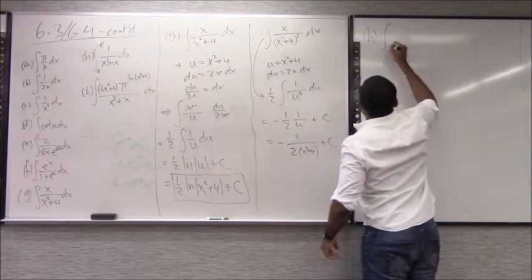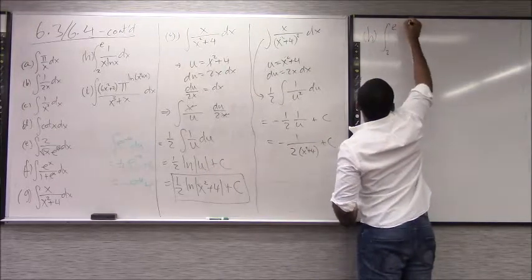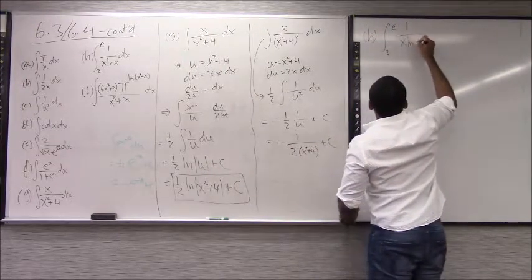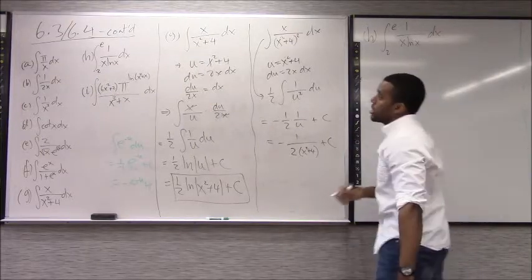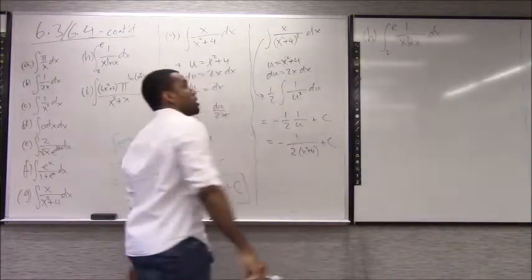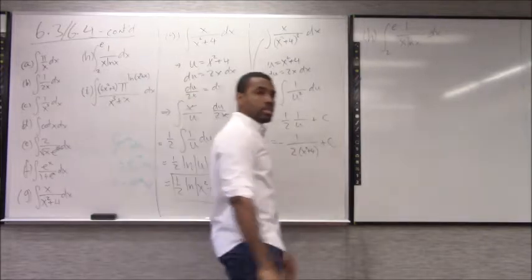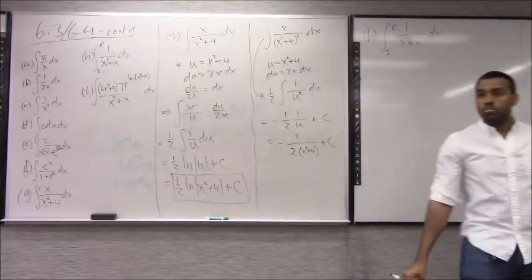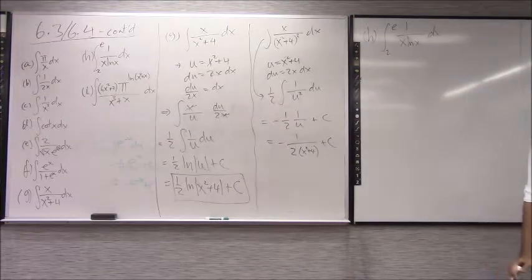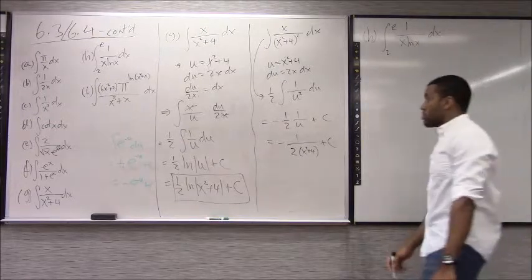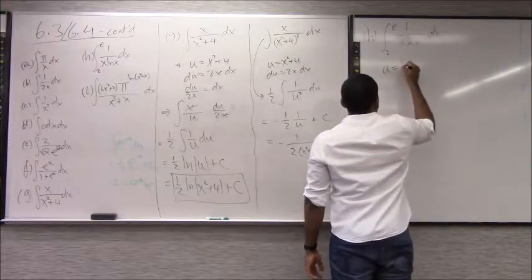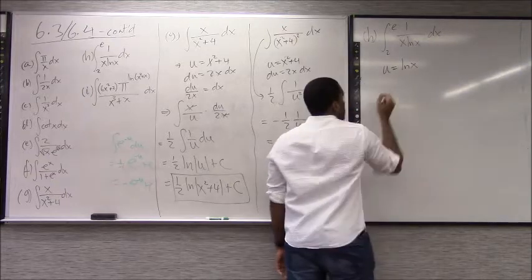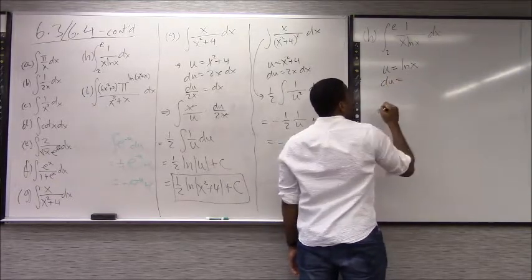Okay. Do a little bit of fundamental theorem of calculus here. Okay, what do you guys think? Make u equal to ln of x, and then du equals 1 over x dx.